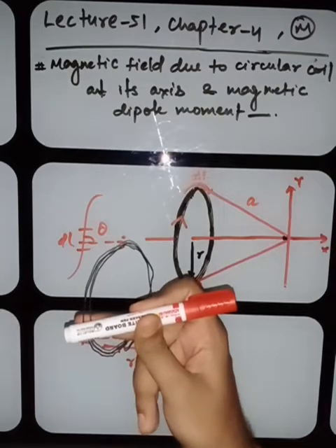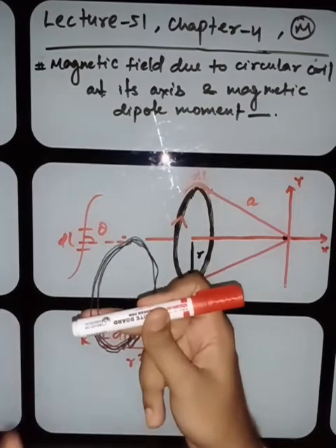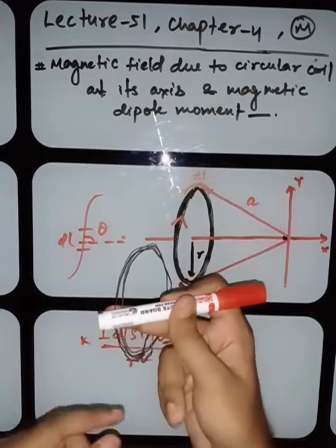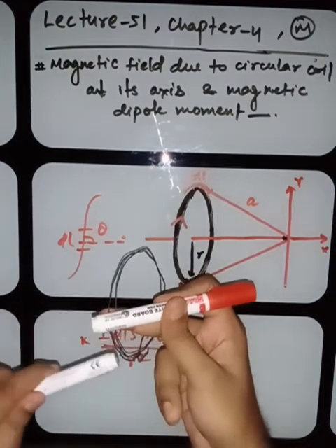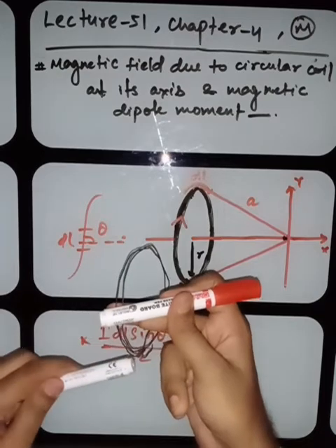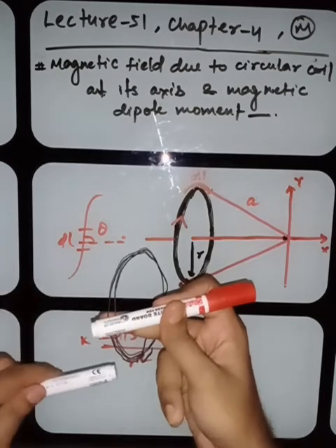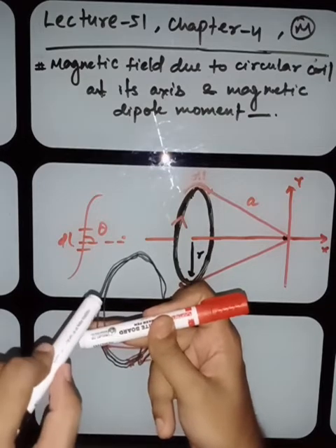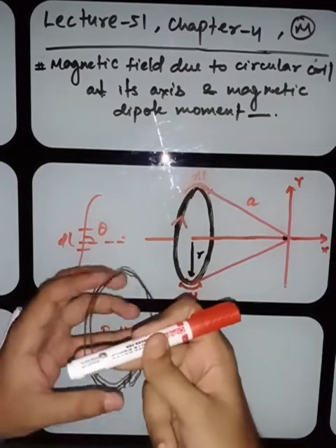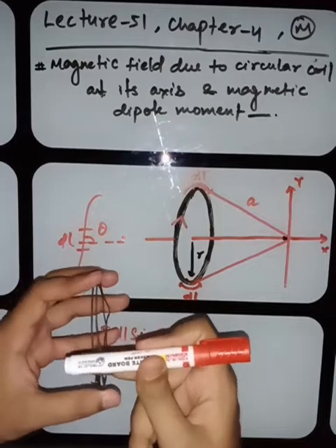Okay, because here we will use two angles. That's why I am explaining with the help of this particular conductor. Here you can see this is the DL along the length of the ring, and this is the A. So this angle is 90 degree. Everywhere it will be 90 degree. Right? Try to look here.